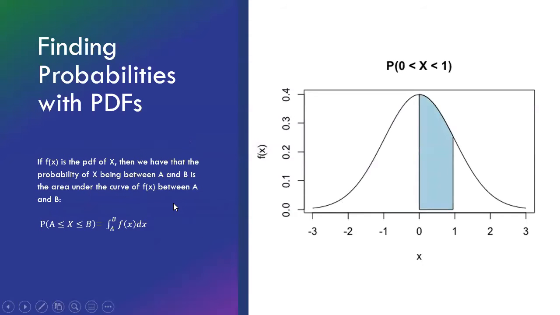But if you want to get the probability for an interval, we would have to do an integral of this previous line, which is this black line here. In this case, we want to find the probability of x being greater than 0 and less than 1.